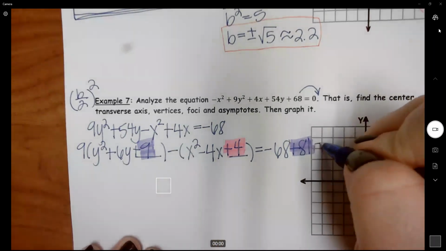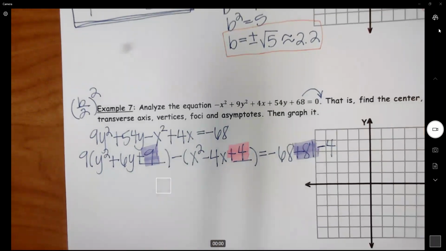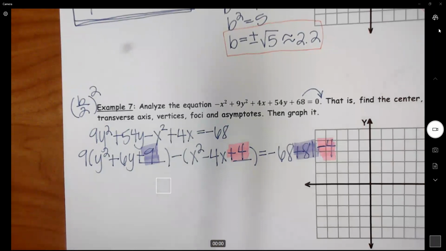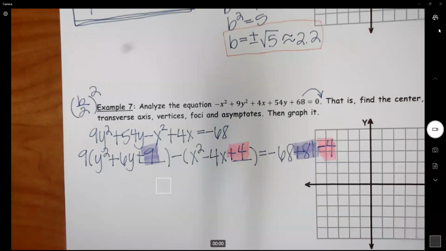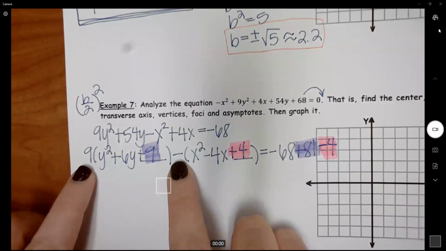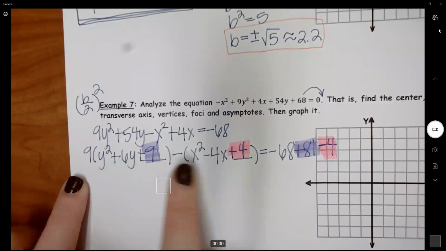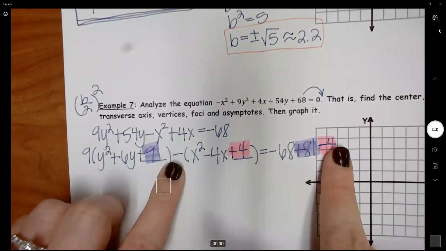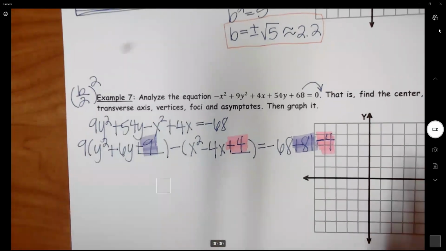So what I'm actually doing is subtracting 4. So that's how I keep that equation balanced. What I do to one side, I have to do to the other, but you have to pay attention to what you have in front of those parentheses. This is really 9 times 9 to give me a plus 81. And this is really negative times 4 to be a minus 4.